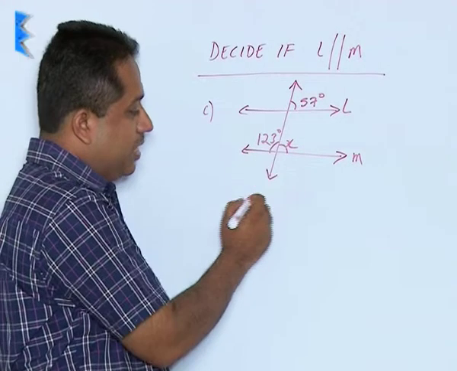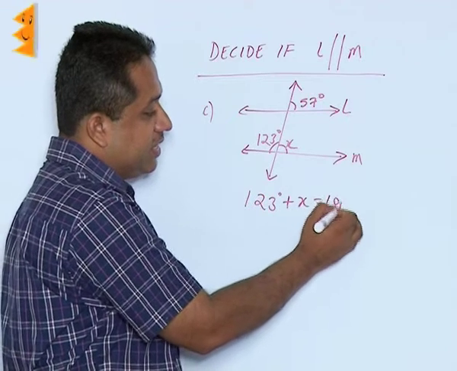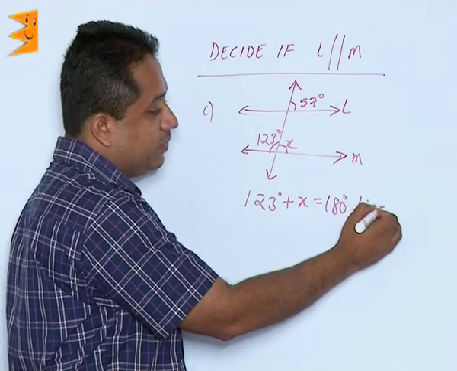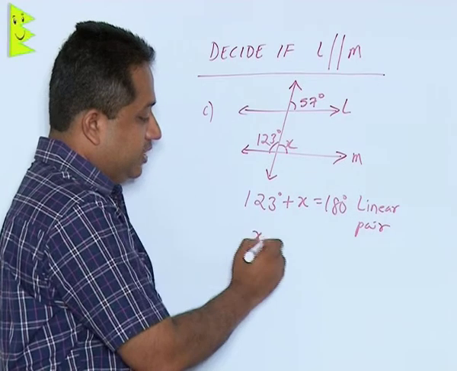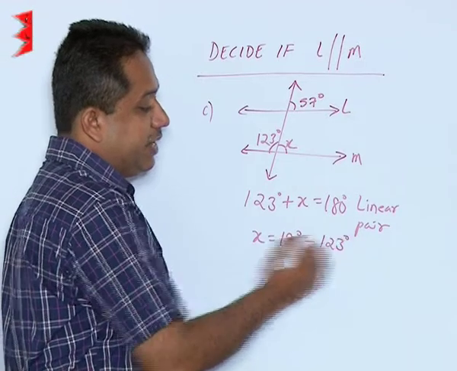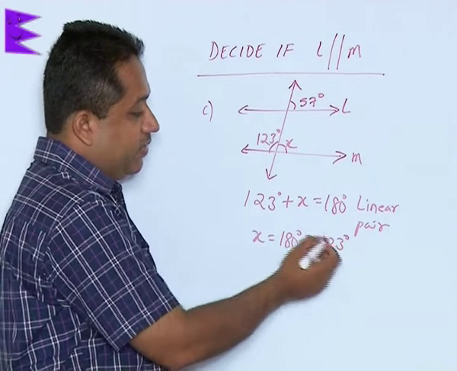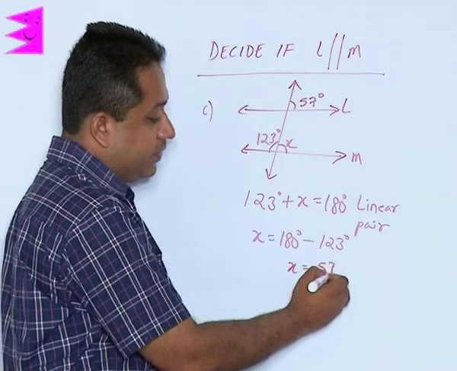Using the linear pair property, 123 plus x is 180 degrees. So, x is 180 minus 123, which gives us 57 degrees.